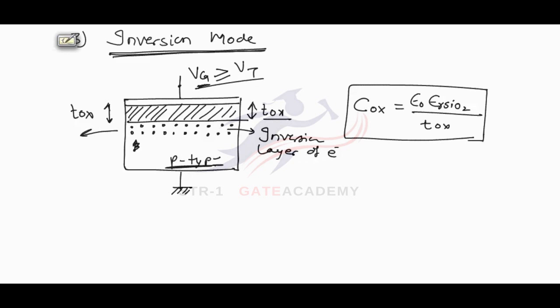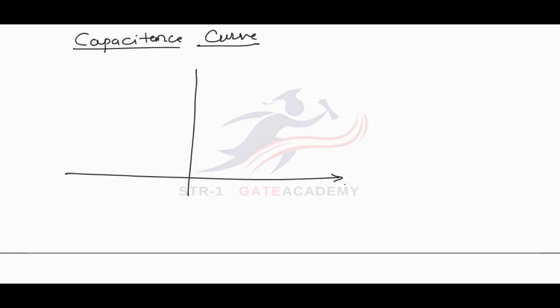Now we will draw the capacitance curve for MOS capacitor. If we apply a negative gate voltage, then it will operate in accumulation mode, and in this mode the capacitance is C oxide.